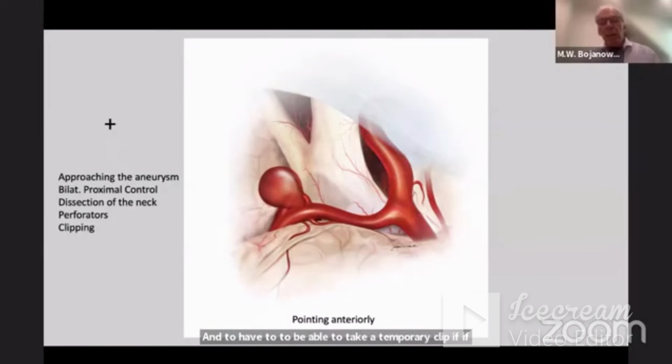And then if you have access to this area, you can go back and open the sylvian fissure from more distal and then going more proximal.